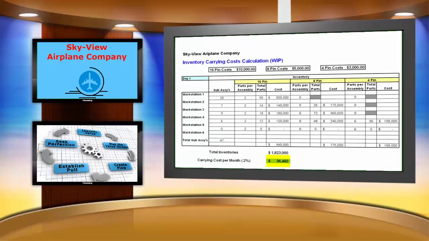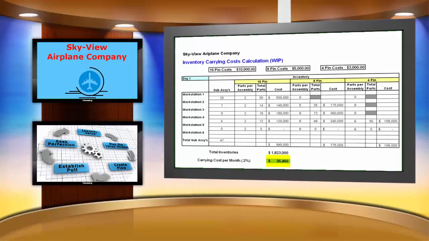At 2% per month, this works out to be $36,460. This means the manner in which we produce airplanes in day 1 costs our company $36,460 per month for the inventory carrying cost.